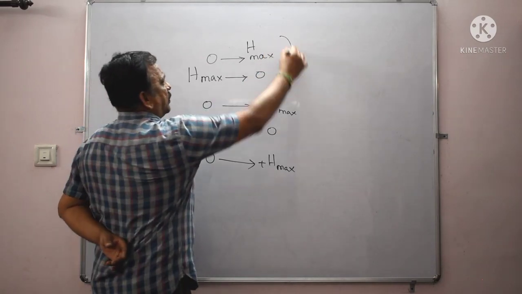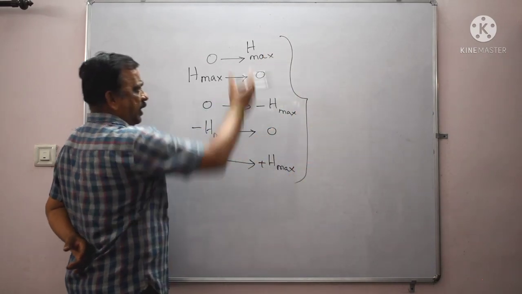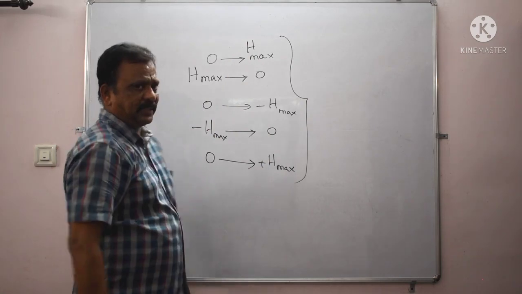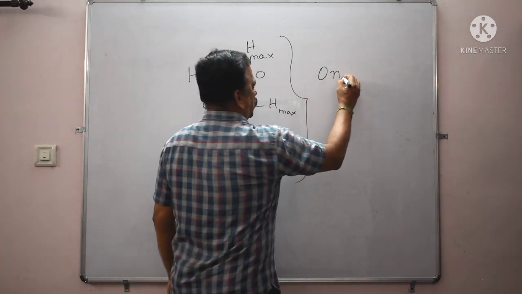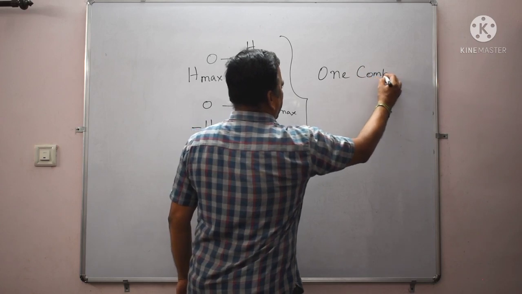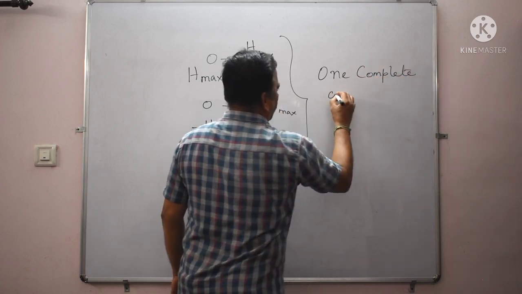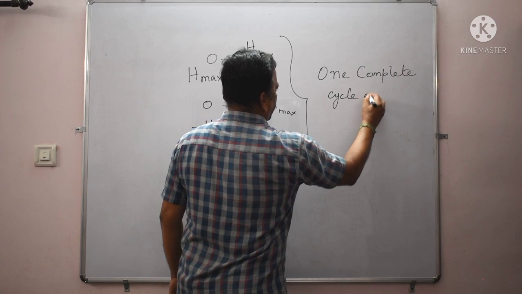So when I subject a ferromagnetic material to such a varying magnetizing field, I say that the ferromagnetic material is taken through one complete cycle of magnetization.